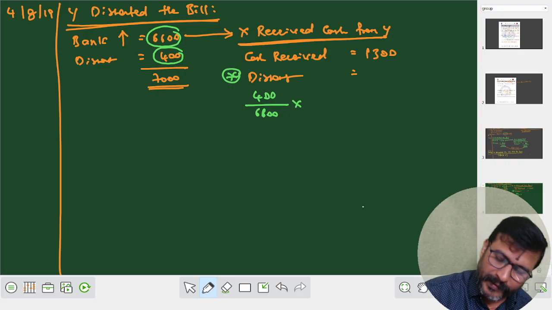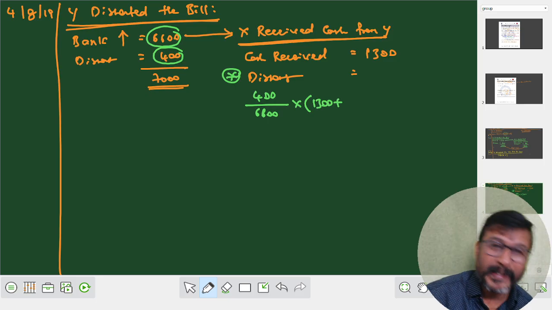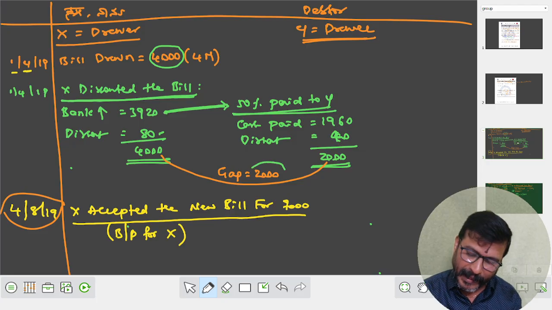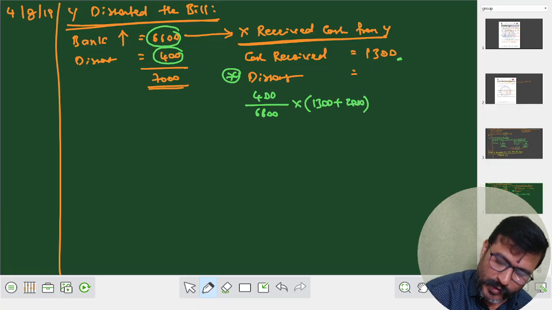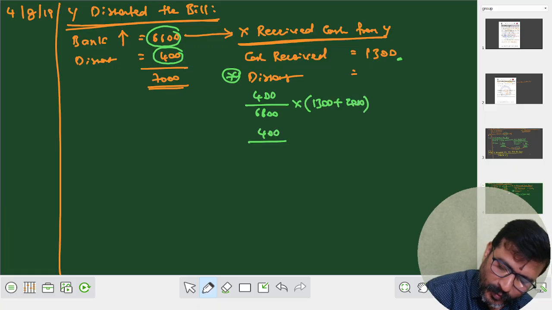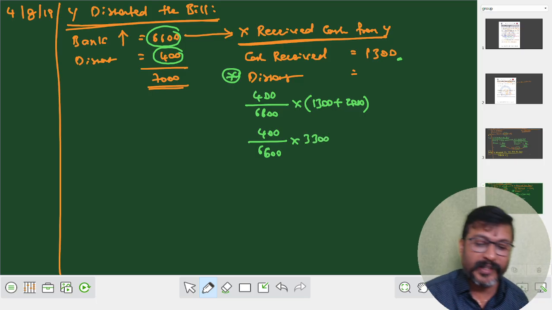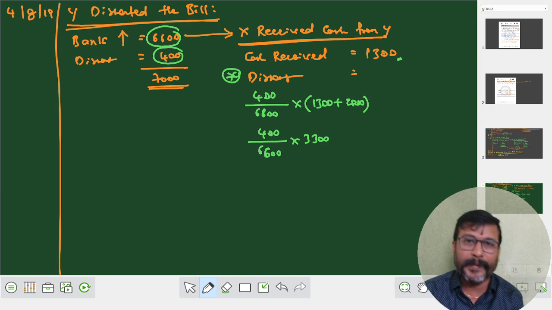We have to take this 1300 plus the gap. What was the gap in the earlier one? Gap is 2000. We have to add that 2000. So it comes 400 by 6,600 into 3,300. Please remember, it's a very important clue, my dear students.